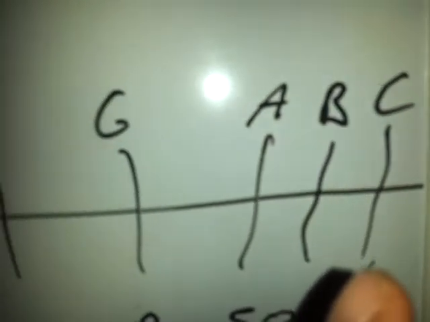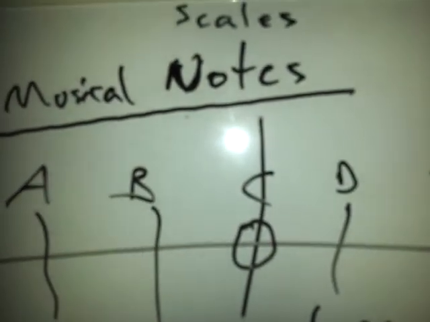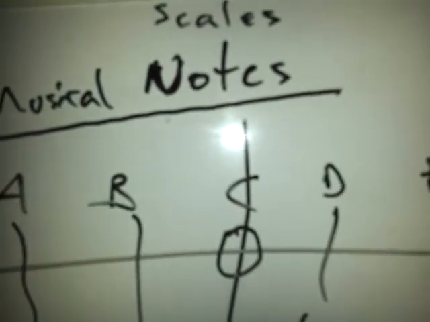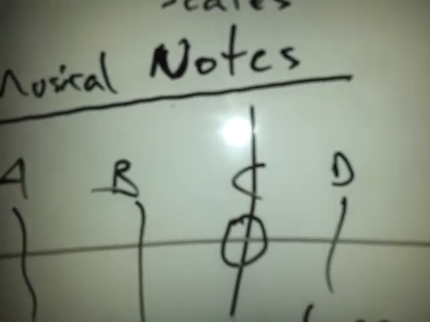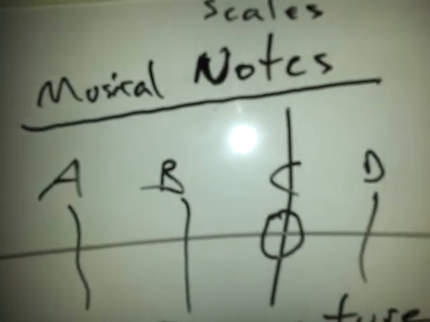D, E, F, G, A, B, C. Same notes, different end of the scale. You following me? This is all the scale of musical notes. Whether we're talking about a high end or the low end, they're all musical notes.